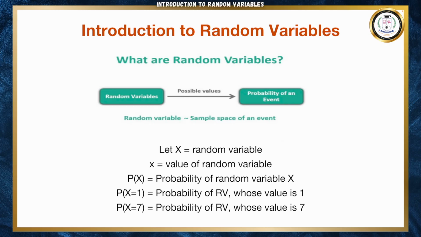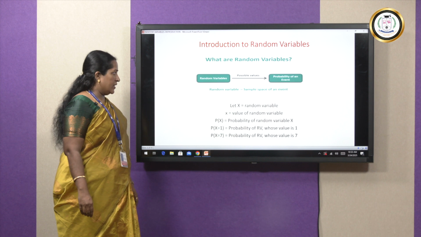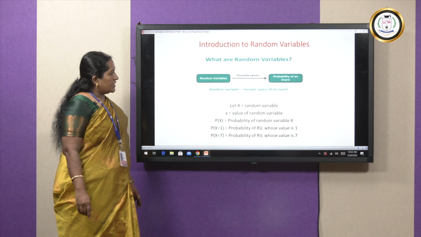That is, what are random variables? The random variables take possible values, which can be any value between the limits, and which give you the probability of an event. The random variable is equivalent to the sample space of an event.